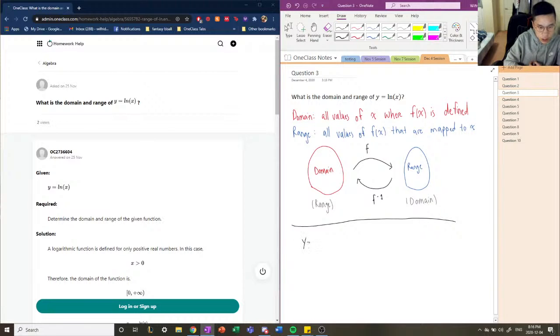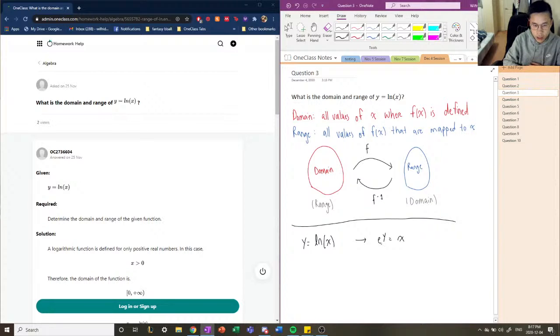So the nature of y equals ln x, when we're talking about this domain, is that all the values of x make f of x defined. Okay, so the natural property of a logarithm is that the argument within the logarithm itself has to be positive. And this is the nature of the base, and how the base can never be converted to a negative number. Okay, so especially since our base is a positive number here, another way to write y equals ln x is by writing e to the power of y equals x.